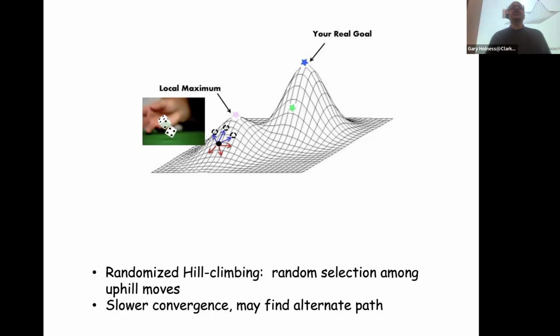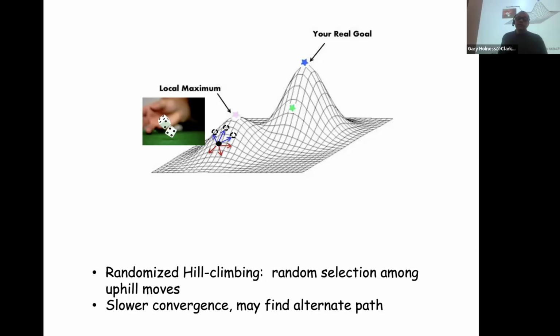Some variations on hill climbing, so-called randomized hill climbing: instead of selecting the maximum, you randomize your selection among all of those moves which are uphill. Now, some of your successors might represent gradient descent, right? They're at a lower objective value, but some of your successors might represent an increase or positive slope on your objective landscape. So in that case, instead of selecting the maximum, randomly select among those successors that are going to have a positive slope. They're going to increase in objective value.